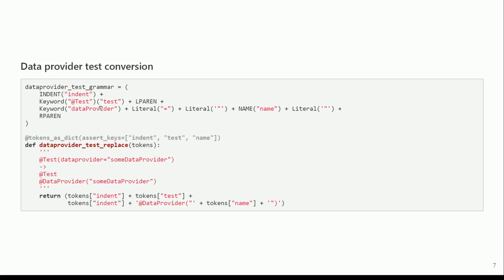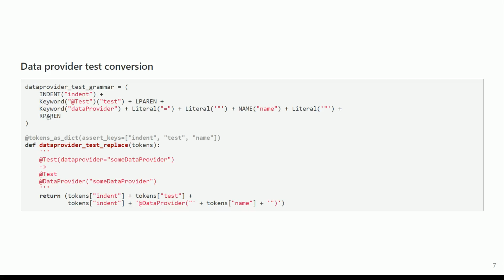So again, this grammar is using dictionaries, where we grab an indent to be able to indent properly the beginning of the string. Then there are keywords, the at test, which we want to keep, so we name it. The indent is named as well.